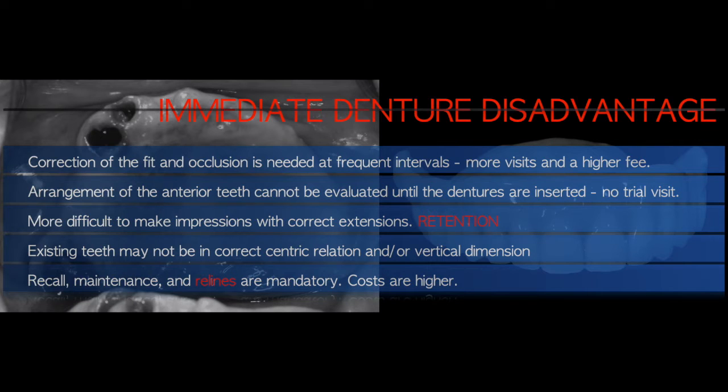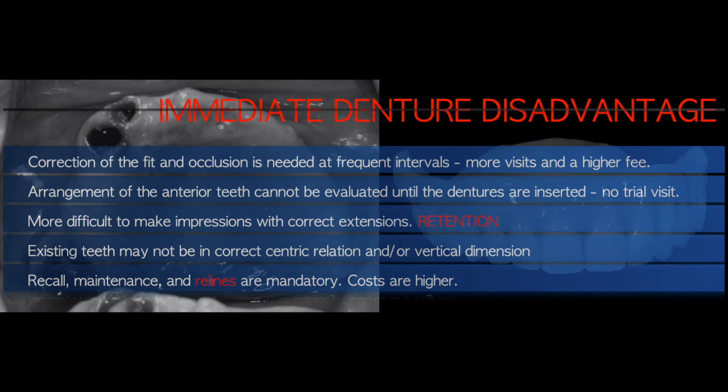Existing teeth may not be in correct centric relation and vertical dimension. Although the patient still has a few remaining teeth, if the teeth are extruded or have mobility 3 or greater, in those conditions the position may not be correct, and the vertical dimension may also be collapsed although some teeth are present.